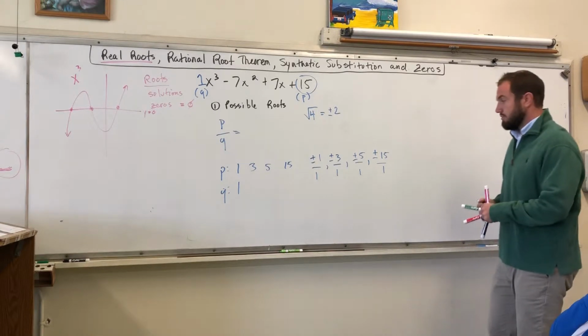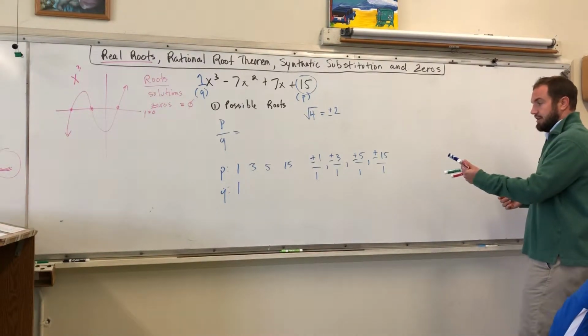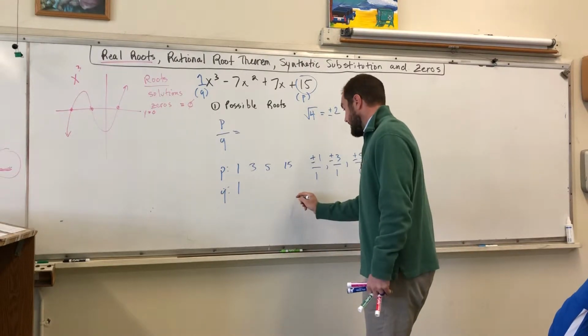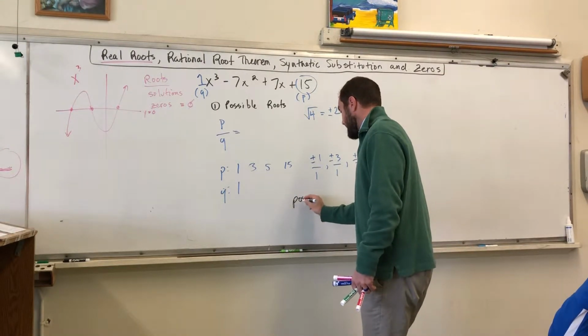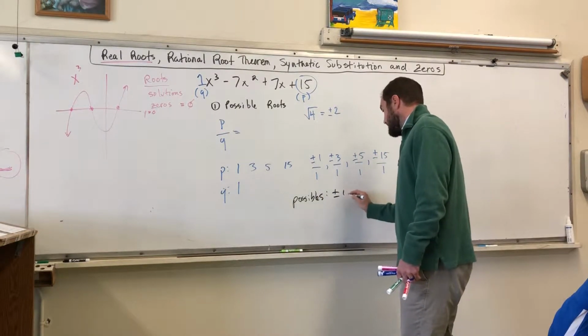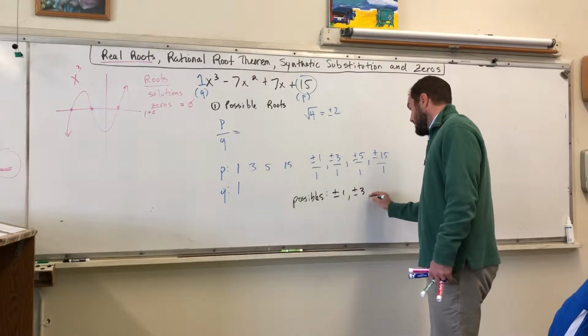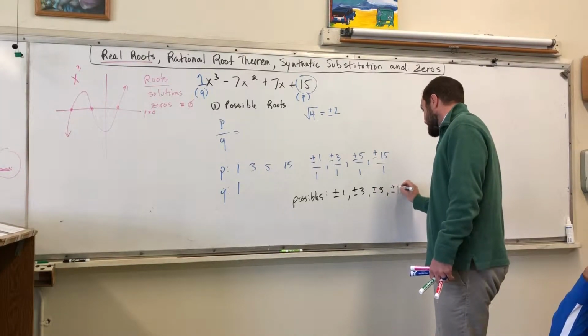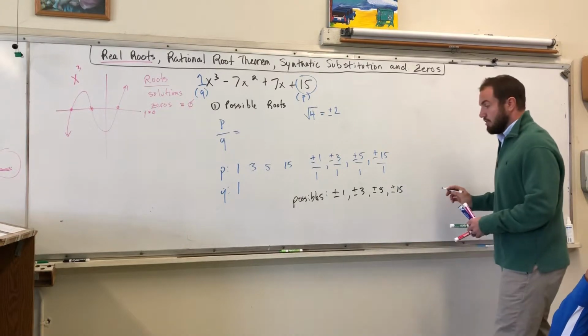Those are all your possible roots. And you know that any number over 1 is just that number. So your possibles would be plus minus 1, plus minus 3, plus minus 5, and then plus minus 15. Now, these are your possible roots.